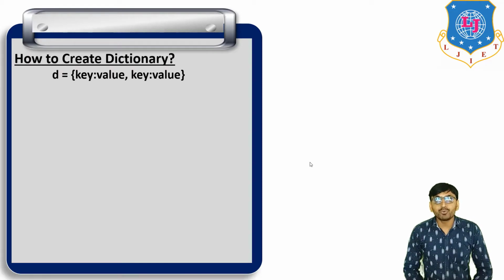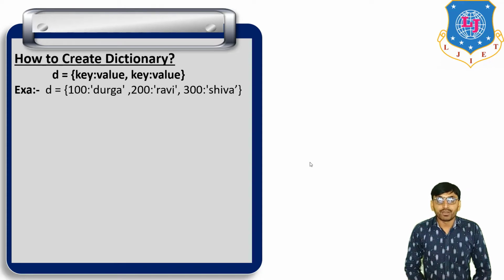Now, how to create a dictionary? D is one type of dictionary and it contains key value pairs. For example, D is equal to this: 100 is the first key and the corresponding value is Durga.